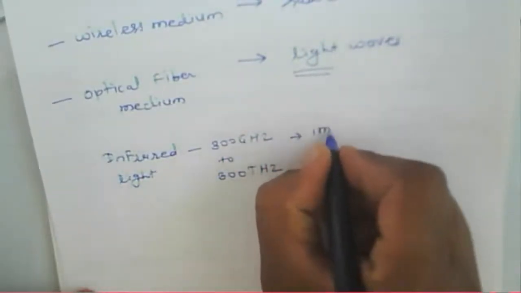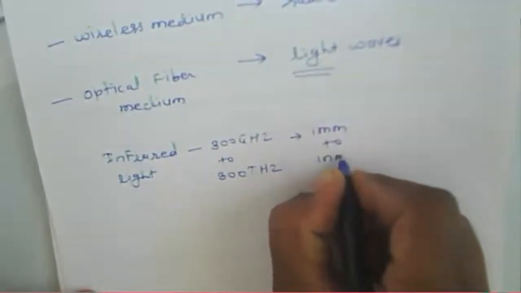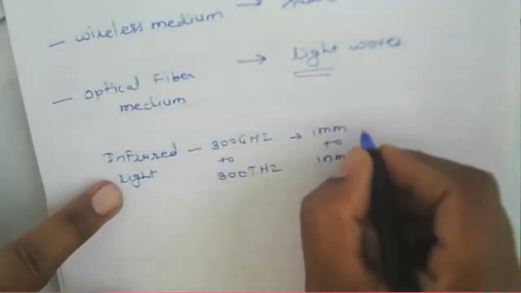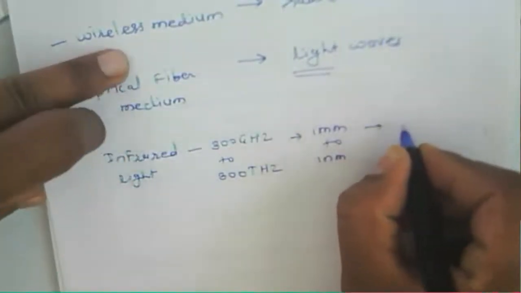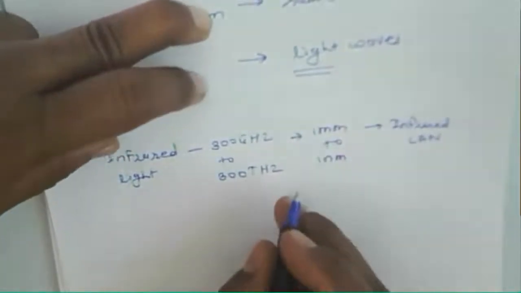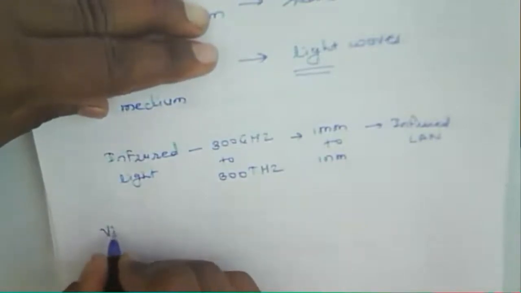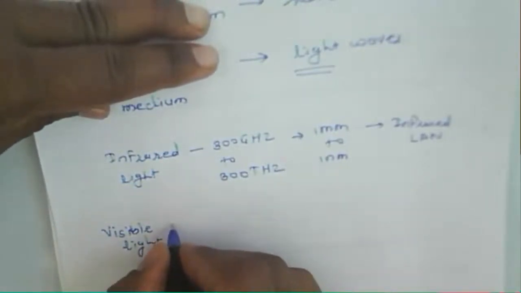The wavelength is about 1 mm to 1 nanometer. And the application is infrared LAN, or any consumer applications, or astronomy.